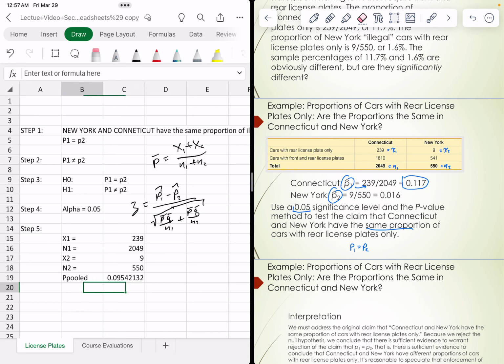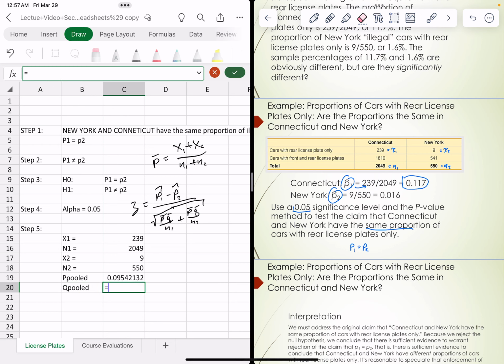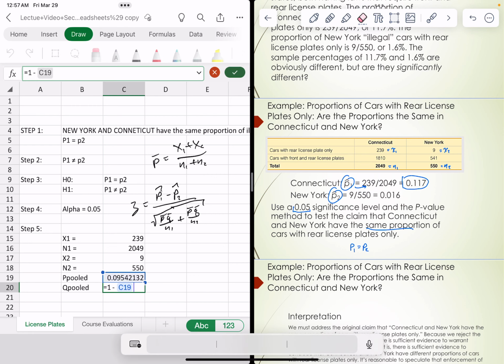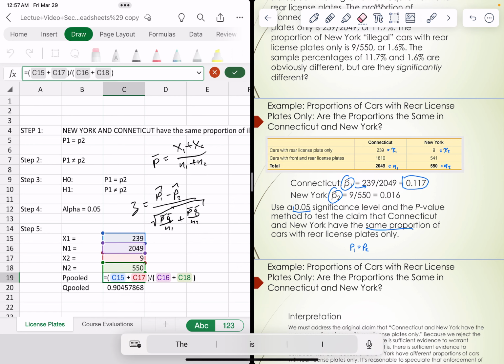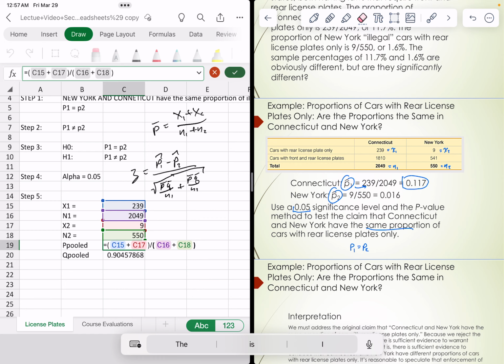Now I need Q pooled, and that's going to equal 1 minus P pooled. Enter. If you want to look at P pooled again, you can always pause the video and look at it. So there's P pooled, there's Q pooled.